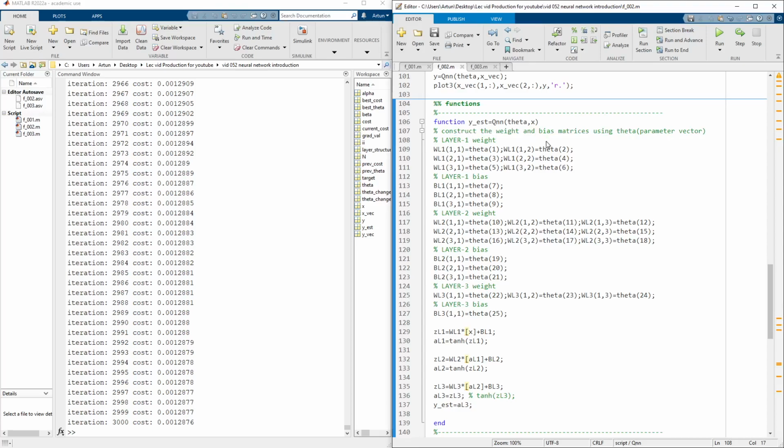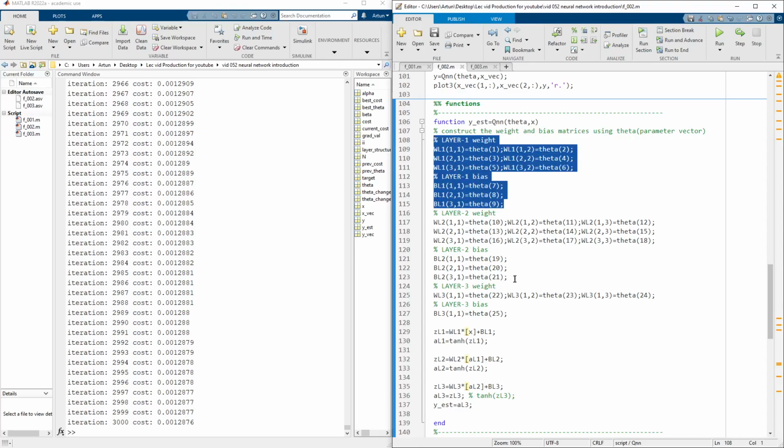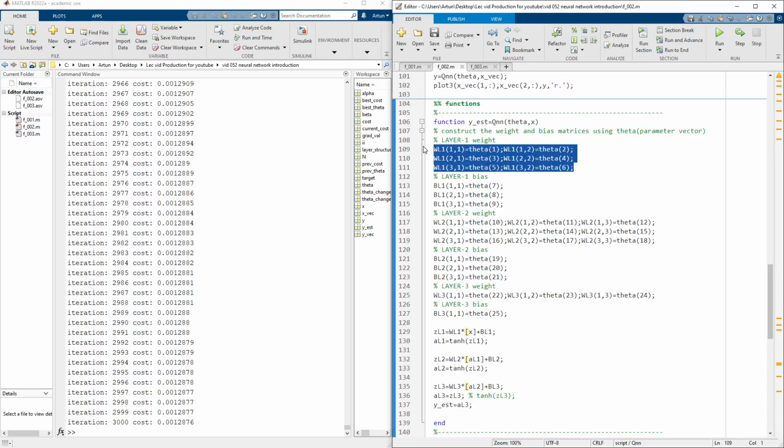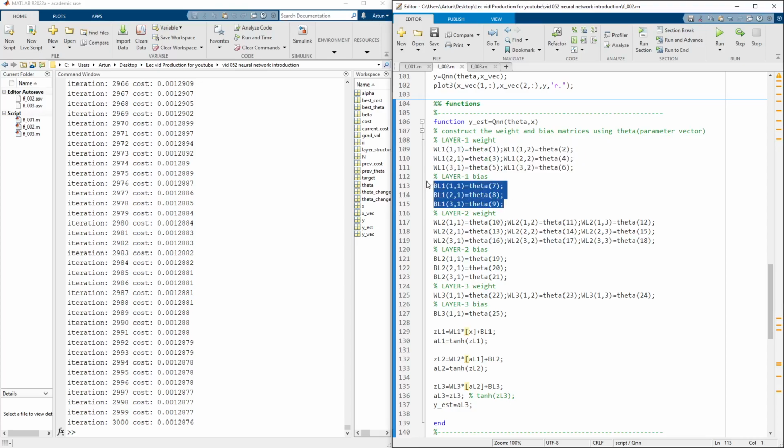We have layer 1, layer 2, and layer 3. First, you need to allocate your parameters to these weight and bias matrices, and I don't think this is complicated.